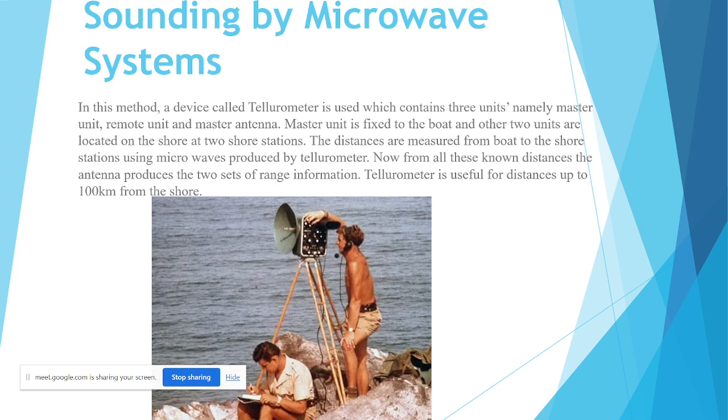The master antenna is fixed to the boat, and the other two units are located on the shore at two shore stations, as you can see. It is useful for distances up to 100 kilometers. As I told you, this is one of the latest methods of sounding.